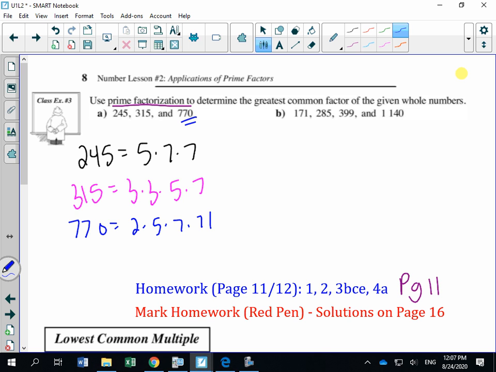Okay, how do we do the GCF? We have to circle the numbers that are common to all 3. So like I'm going to look here for a 5. There's a 5 and there's a 5. So I could circle this group of 5s. It's got to be common to all 3.